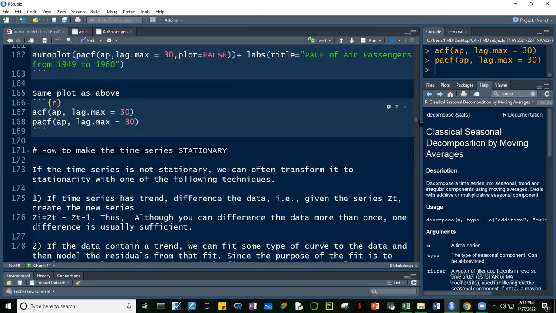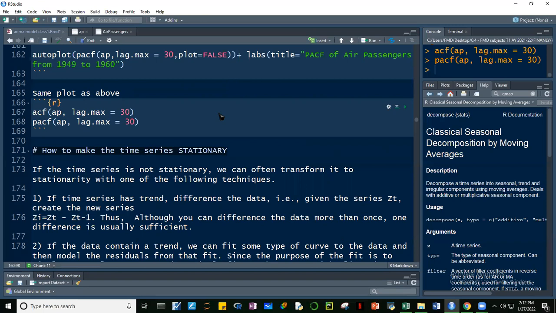So, saan natin ginagamit tong ACF at saka PACF? Number 1, ginagamit natin yan para malaman kung stationary yung data natin. Number 2, pag nag-model na tayo, gusto natin malaman, based on the stationary data, what AR or MA model to use. Sa ngayon guys, yung AP data natin, hindi stationary.